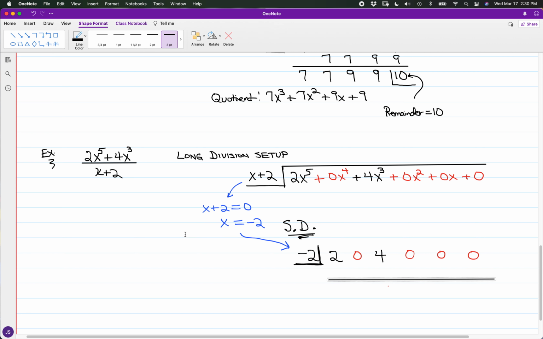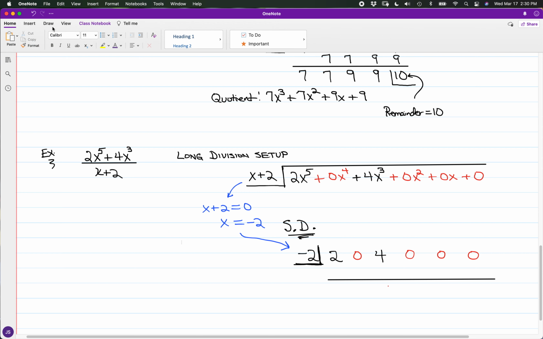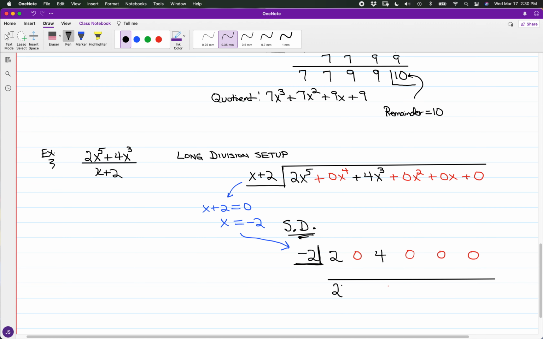Just starting off, the leading coefficient is 2, and I'm going to bring this down. The first dividend coefficient is brought down, then multiplied by the zero to initiate the column by column adding involved in synthetic division.